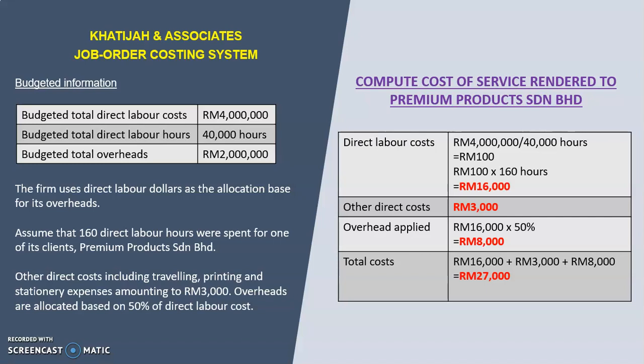The first two, direct labor cost and other direct costs, are the direct costs. What about the indirect costs? It is the overhead applied amount. RM 16,000 is the direct labor cost. You know that overheads are allocated based on 50% of direct labor costs. So 16,000 times 50%, it's RM 8,000. So the total cost is 16,000 plus 3,000 plus 8,000, so it is RM 27,000.